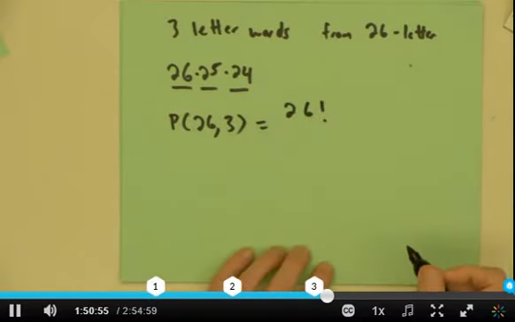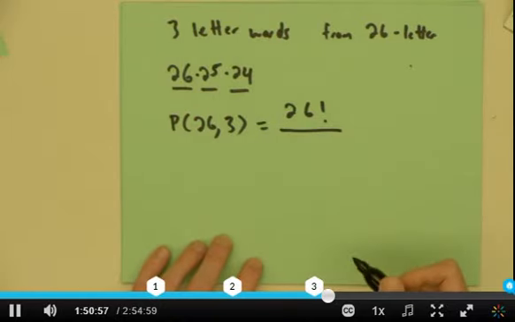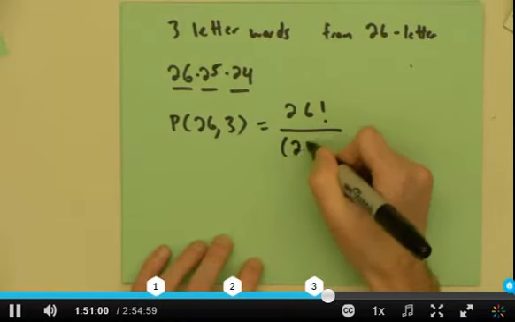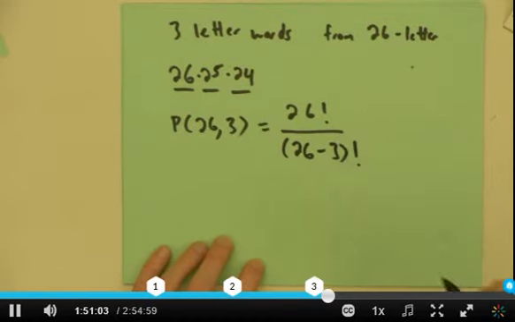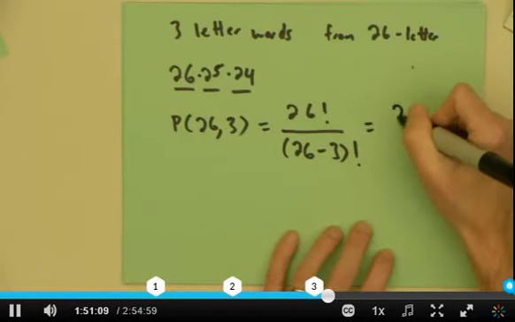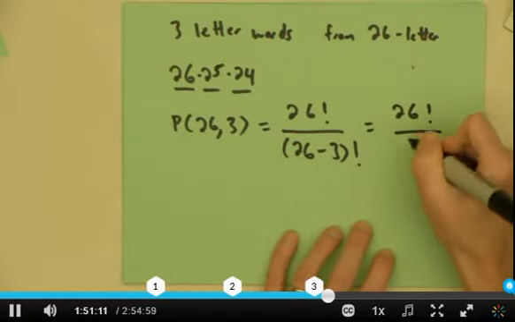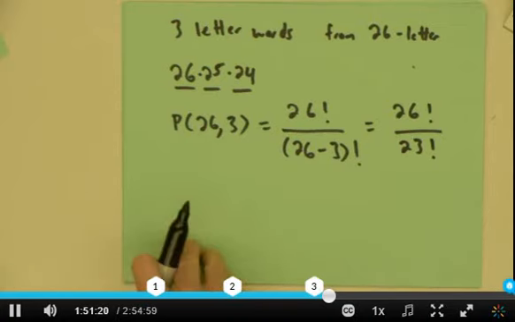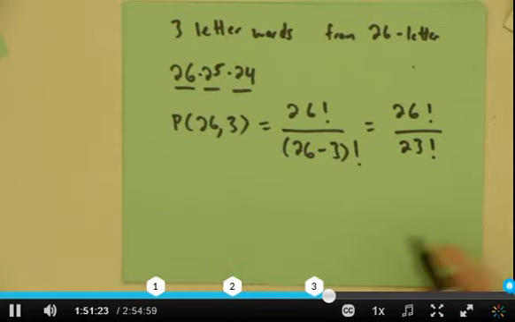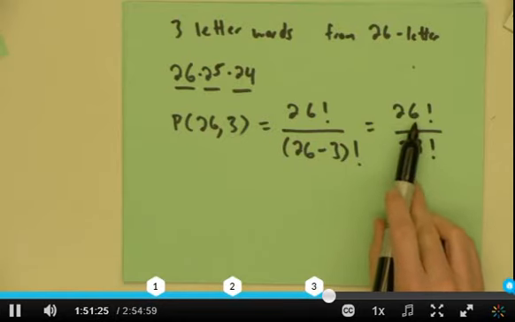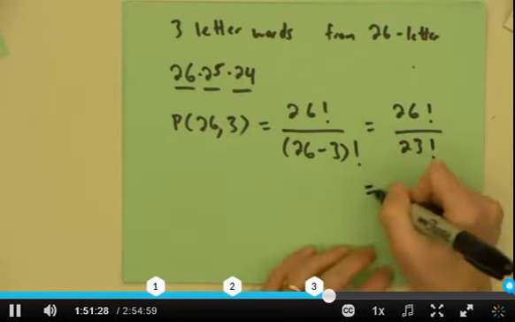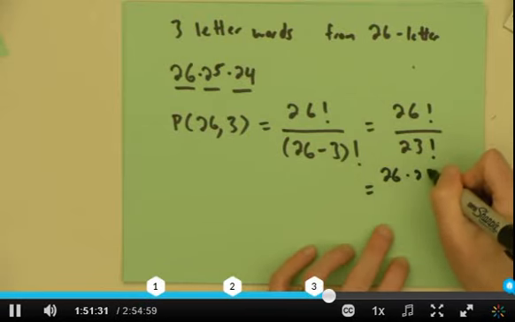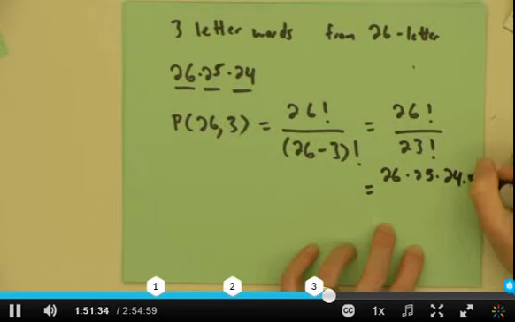That's 26 factorial divided by 26 minus 3 factorial. Calculate that out really quickly. Now, if you remember what we saw on the previous sheet, this 26 factorial is 26 times 25 times 24 times 23 factorial.